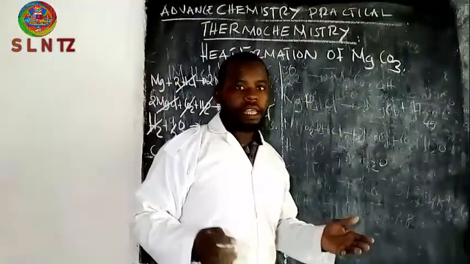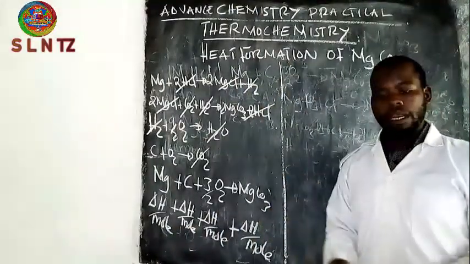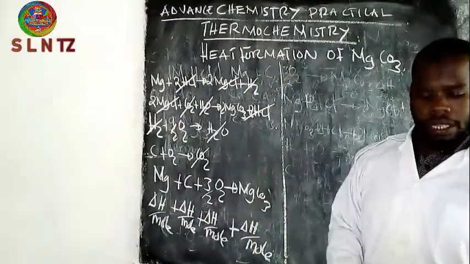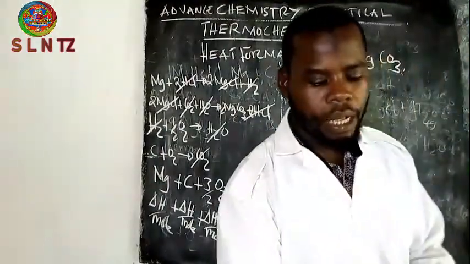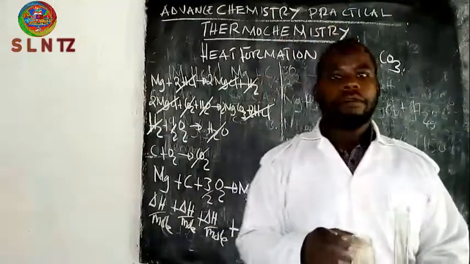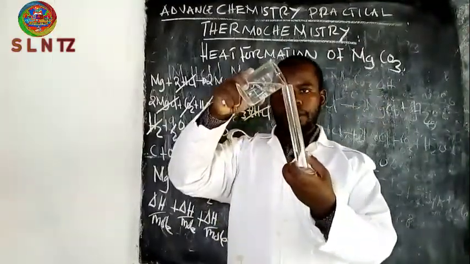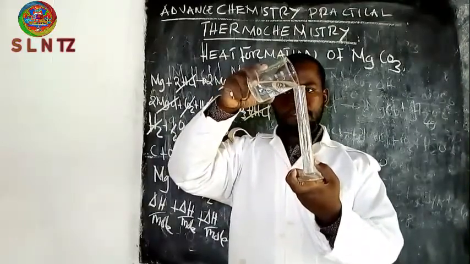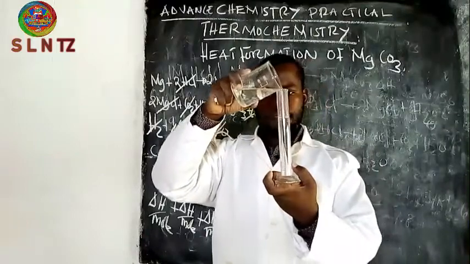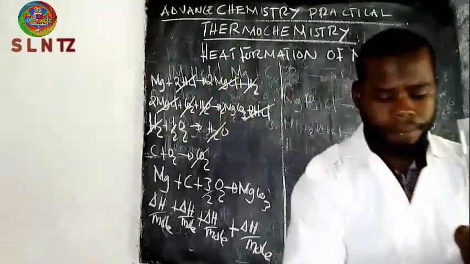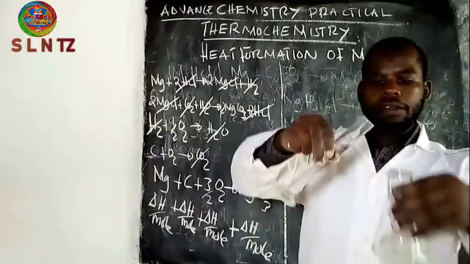Okay, after looking at the reactions, now we proceed with our procedure one by one, case 1, case 2, then we solve our questions. So the first procedure, we measure 50 mL of hydrochloric acid. We measure with this one. This is 50. We put it in a conical flask.